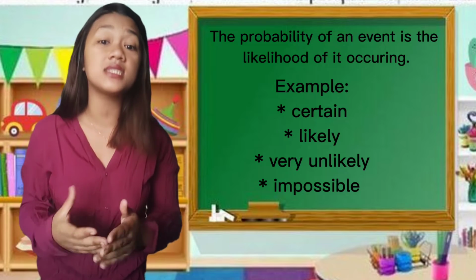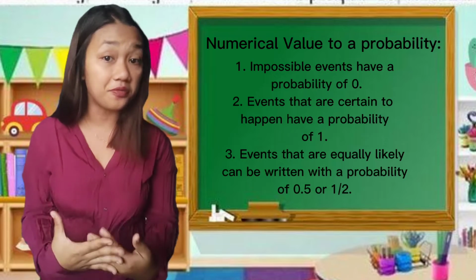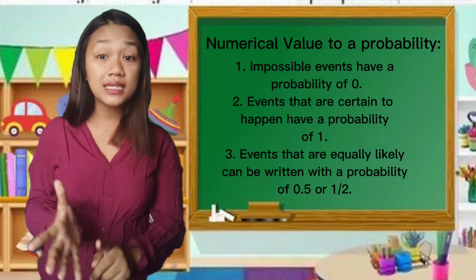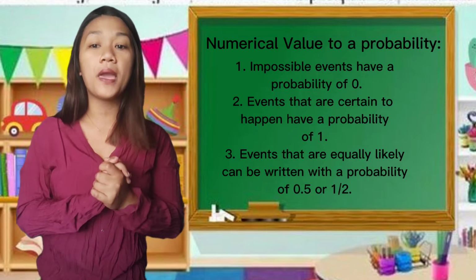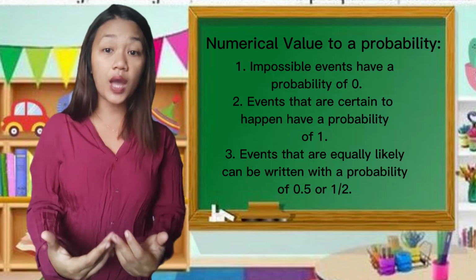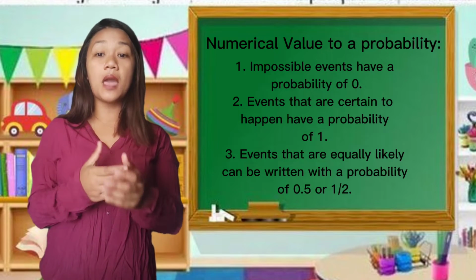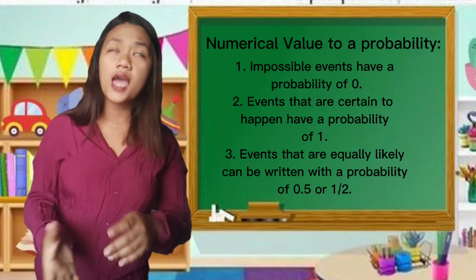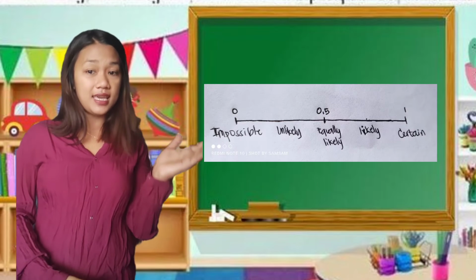In mathematics, we can assign a numerical value to a probability: impossible events have a probability of 0, and events that are certain to happen have a probability of 1.